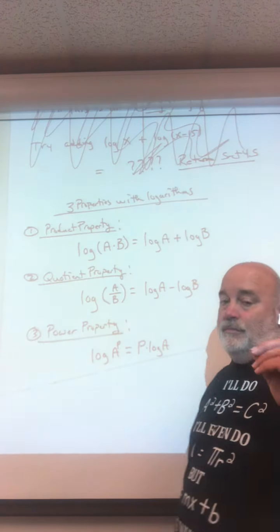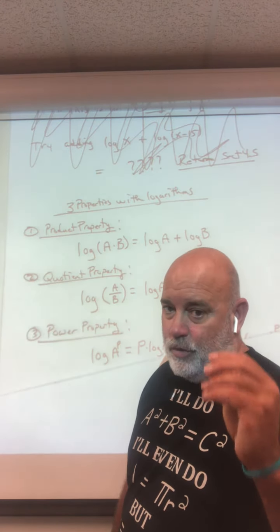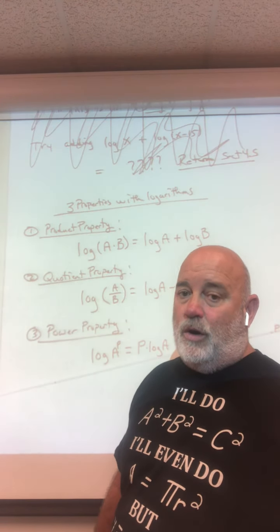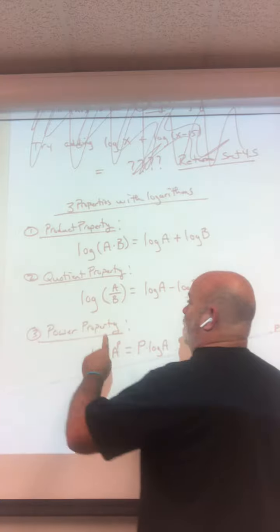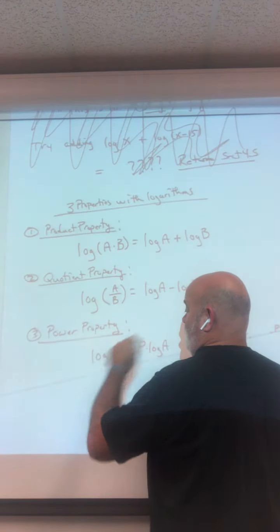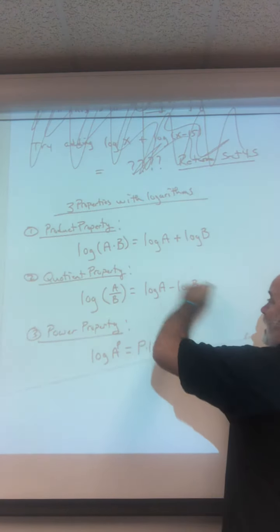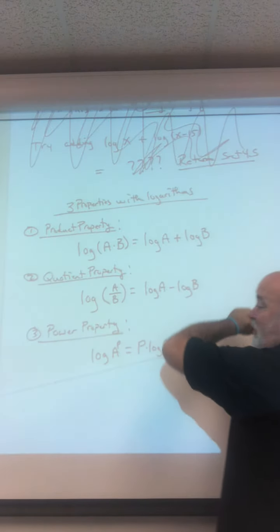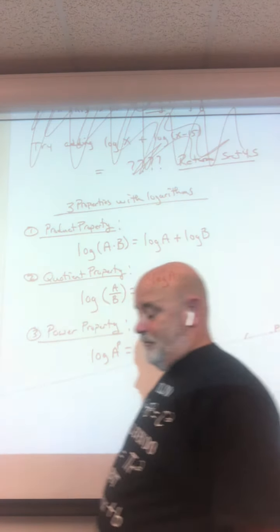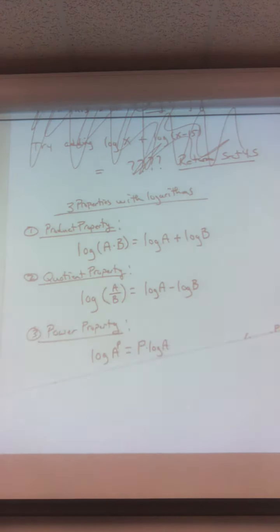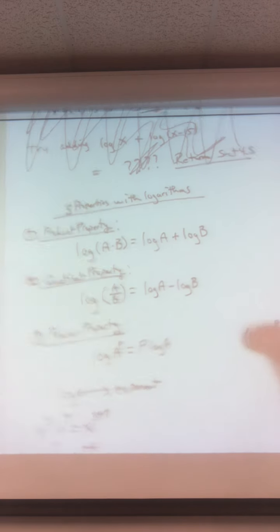Okay, so because of the way the instructions were worded, I'm going to give you a single log, and we're going to rewrite it. So we're using the properties coming from left to right. Now you say, well, how do we know which property we're going to be using? I'm about to show you that.